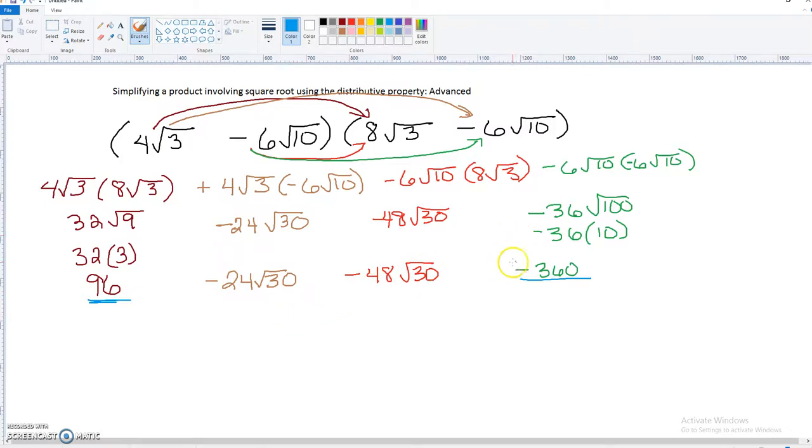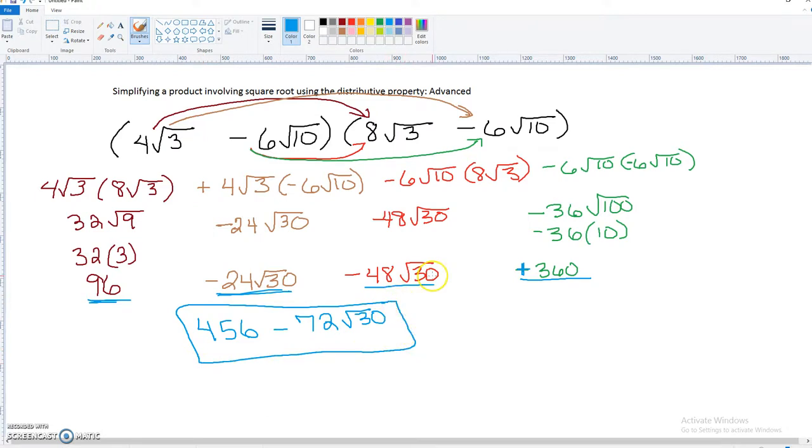Oh, positive 360, I almost messed up there. So, which is 456. The next two that we're going to combine are these two, because remember the radicals are the same, so we can combine them. So we've got negative 72 square root of 30. And this would be the answer for this particular example.